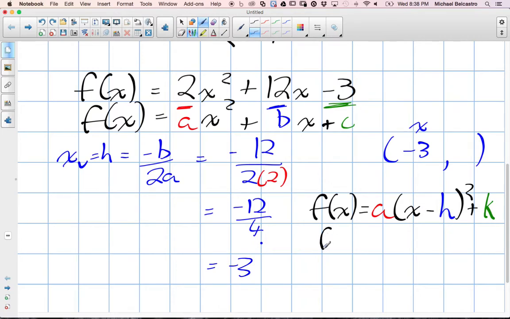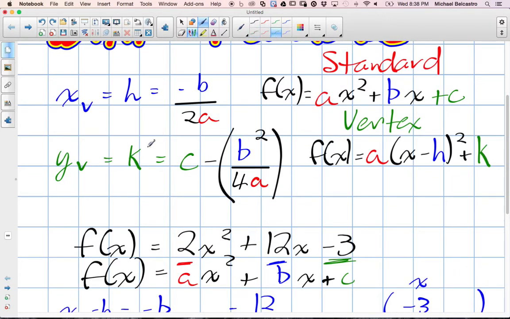So let's start building it. Our a value is 2. Our h value is negative 3. So when we plug that in, it becomes minus negative 3, which is the equivalent of plus 3. Does that idea make sense? If you know vertex form well, you always know that it's the opposite of what the actual value is.